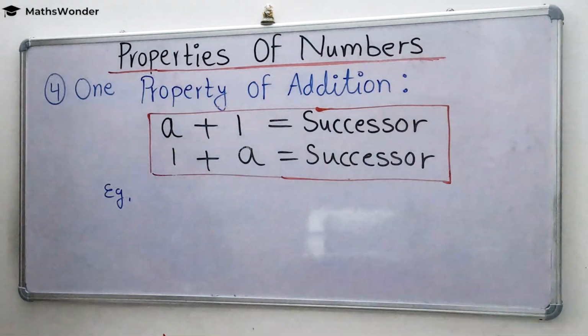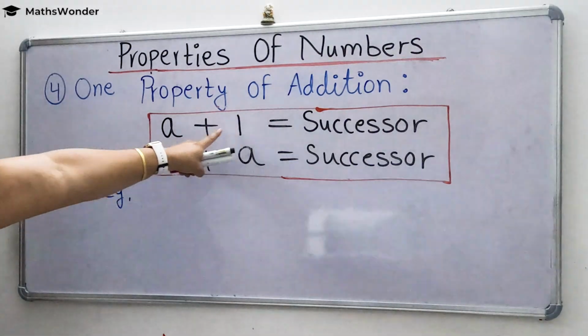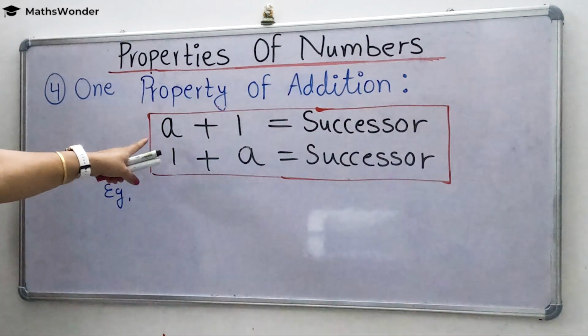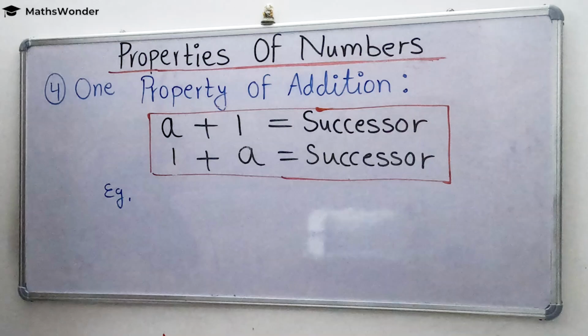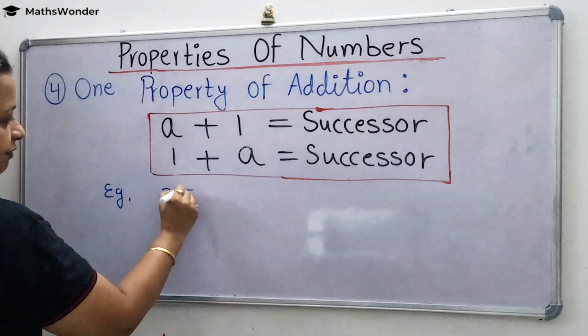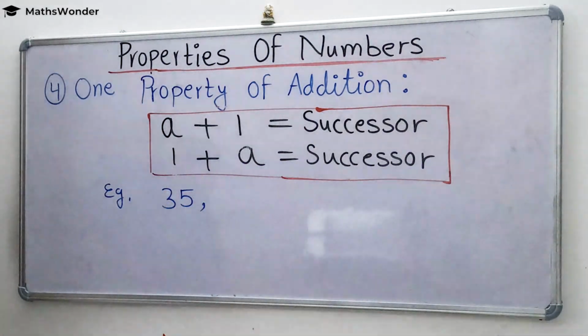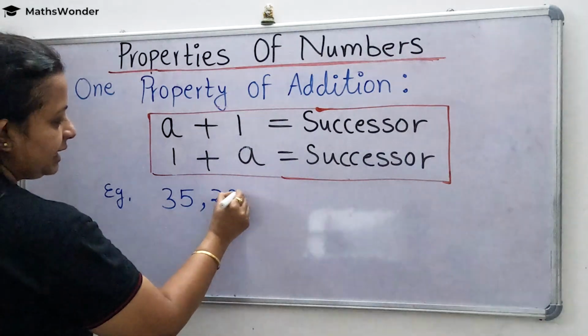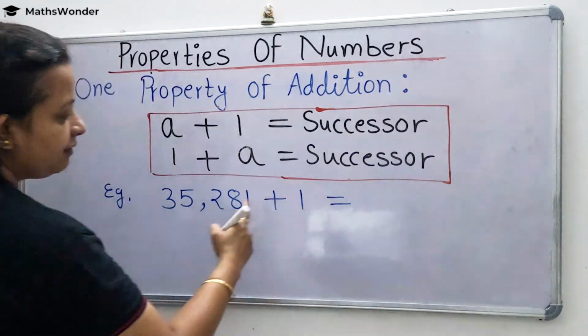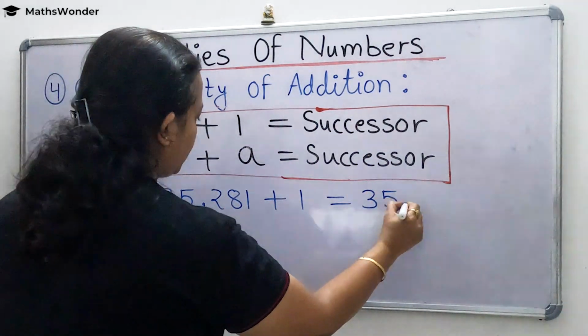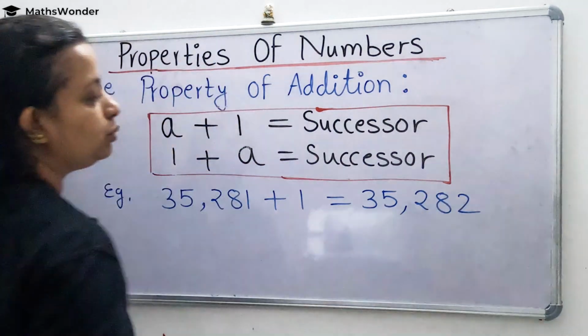So the fourth property of addition is the one property of addition. One property of addition says adding 1 to a number gives the successor of the number. For example, 35,281 added with 1 will get the successor of this, 35,282.